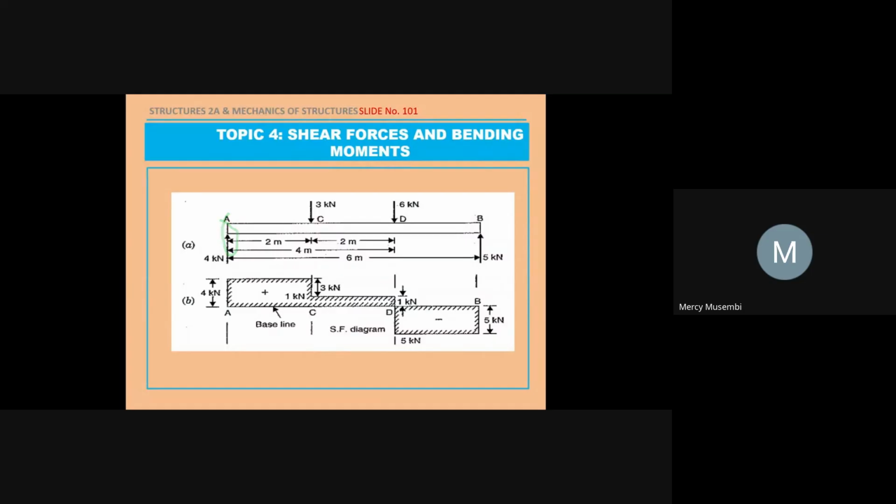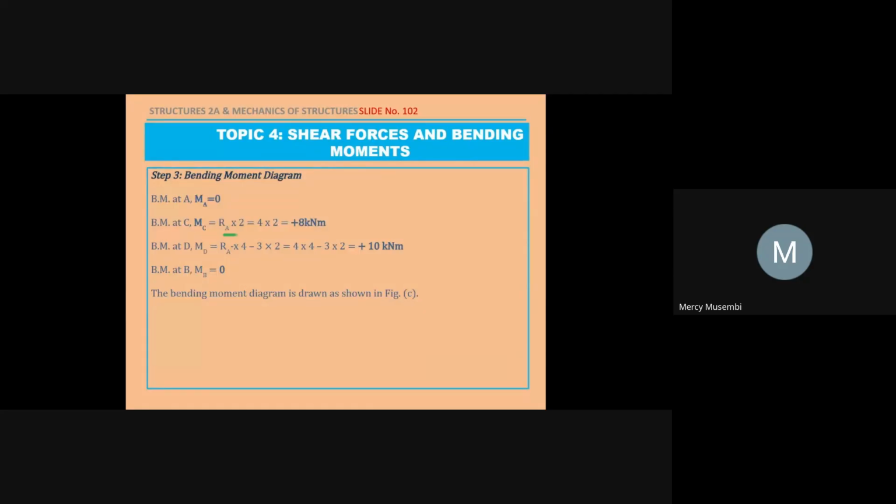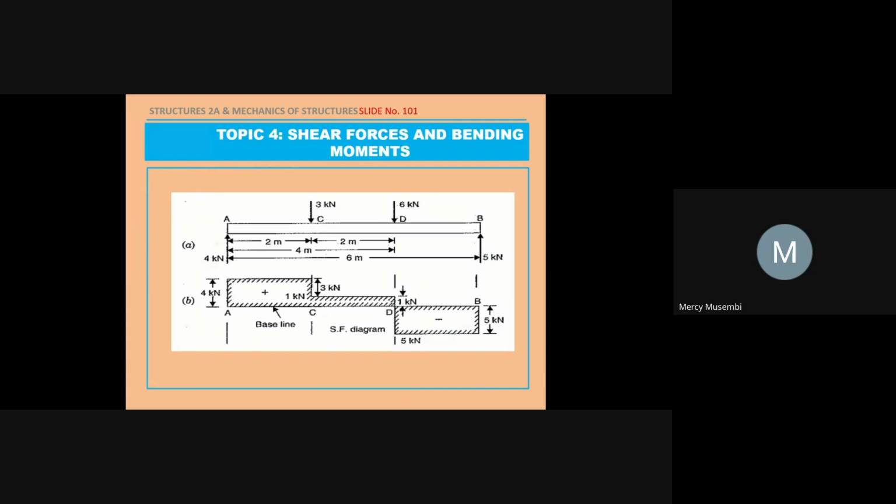Our bending moment at C will be 4 times 2, which is 8. Our bending moment at D will be RA times 4 minus 3 times 2, which is positive 10.